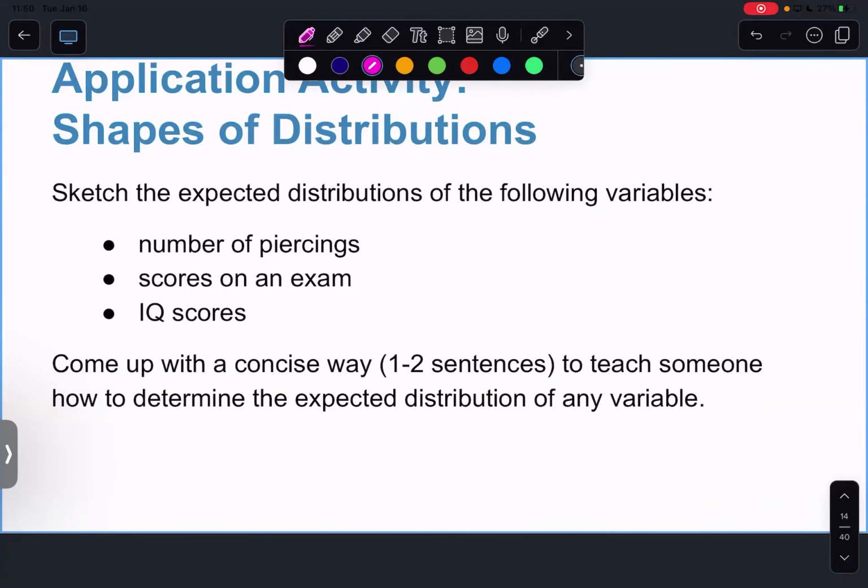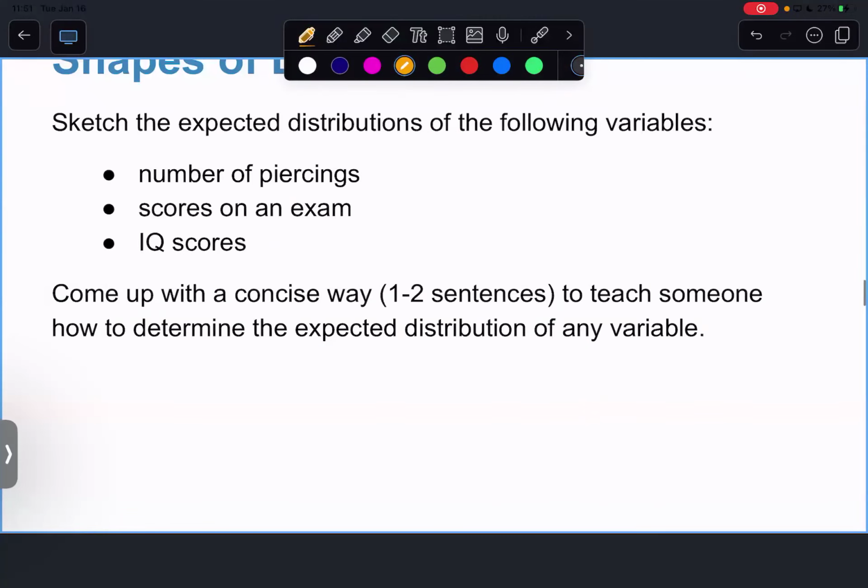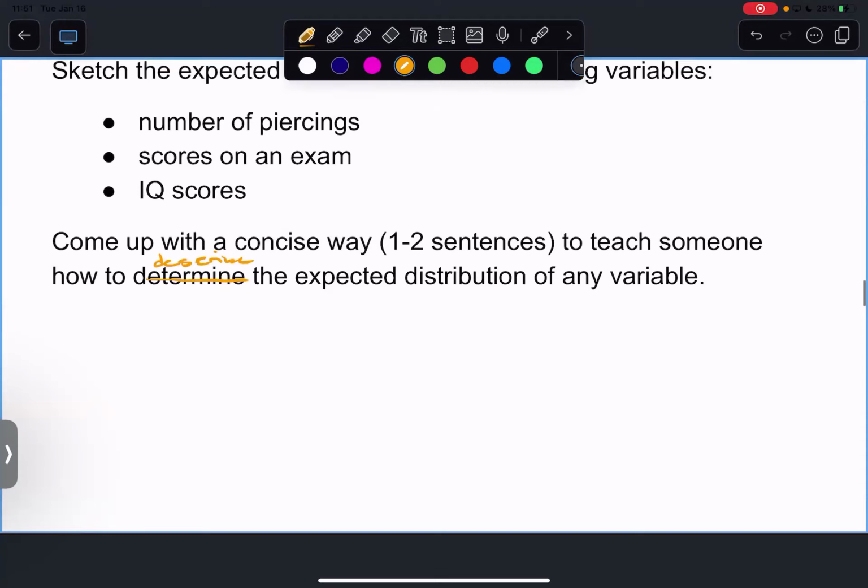Because we already did this for the previous one, I'm going to alter this activity, which we're not really going to do, because I'm boring like that. I'm going to change this to come up with a concise way to describe the distribution of any variable, changing it drastically.